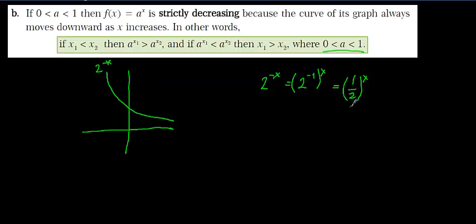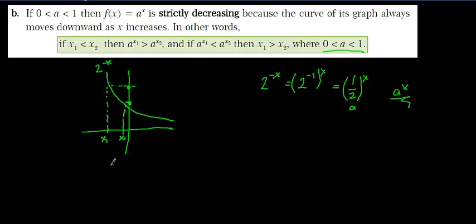So here, if we are talking about a to the power of x, the a value is equal to 1 over 2, and if a is between 0 and 1, the graph should be a decreasing graph. So when you choose two values on the x-axis, x1 and x2, when you find the values, you see the value here is greater than this point.